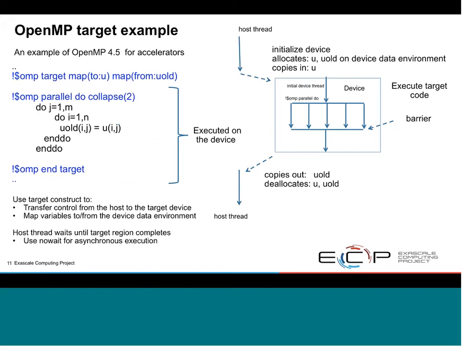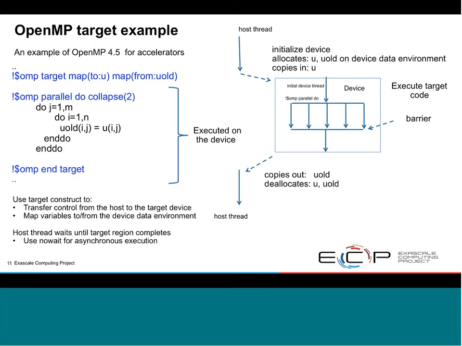When a thread in the host encounters a target directive, it transfers control from the host to the target device, and it also maps the variables that we want to either create in the device or map to or from the device.